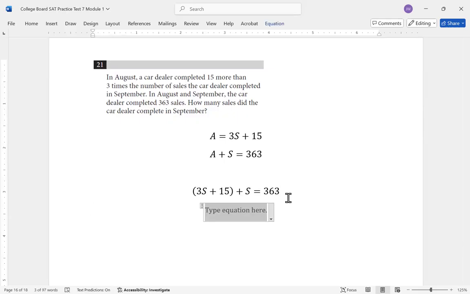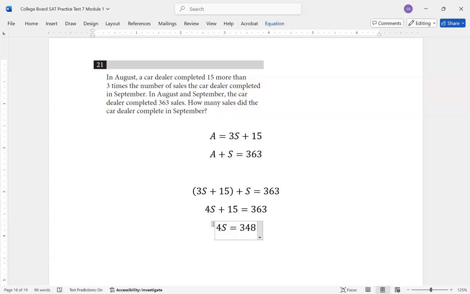When I combine like terms, that gives me 4 times the number of sales in September plus 15 is equal to 363. Subtracting 15 from both sides gives me 348.